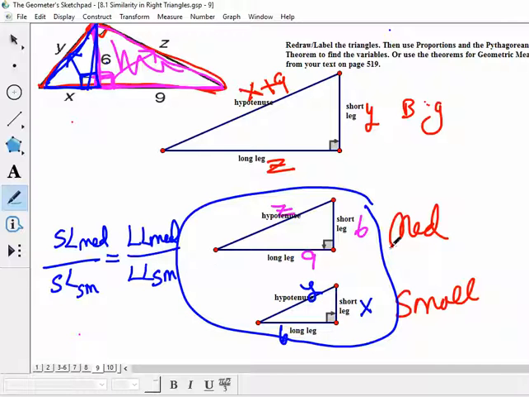That's the proportion I would use, because then you could do 6 over x equals 9 over 6, and that's going to be pretty easy to solve. And then once you have that to find x, and you can find z, I already said with Pythagorean theorem, then all you'll have left to find is y. So then you can set up another proportion, or maybe you'll have enough information to use Pythagorean theorem at that time.